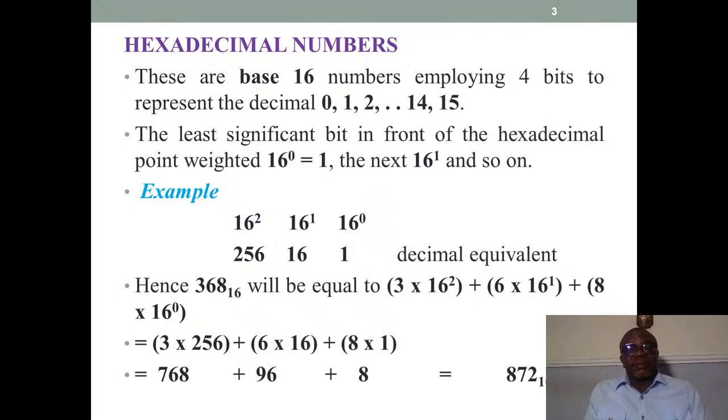If you do that, you see that 3 times 256 will give you 768 in decimal. 6 times 16 will give you 96, and 8 times 1 will give you 8. So if you total it, you will now see that 368 in base 16 is equal to 872 in base 10, which is a decimal number.